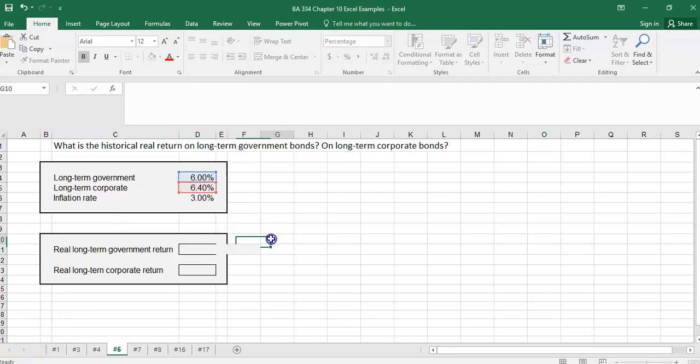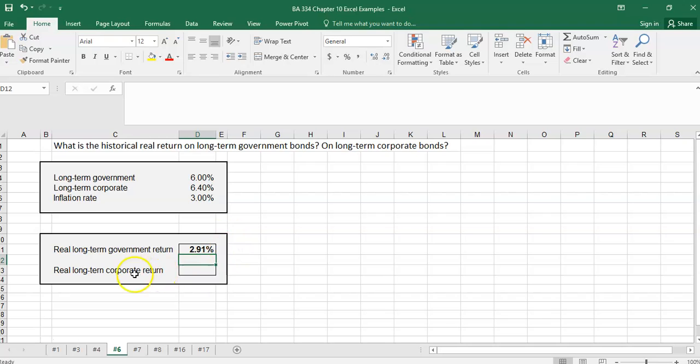In this example, we are also using the Fisher return to get what the real return is given these nominal returns and the inflation rate. We have the long-term government return. So we have 1 plus the government nominal rate divided by 1 plus the inflation rate minus 1.